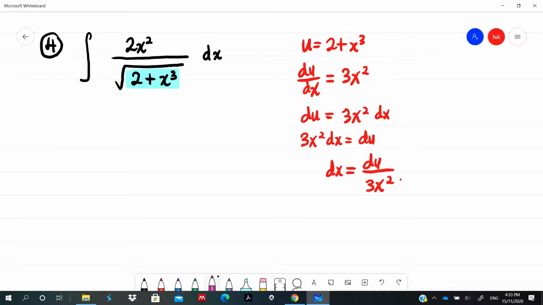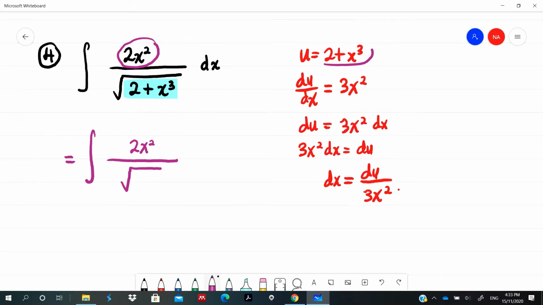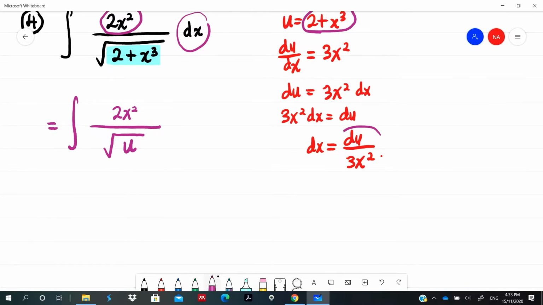Now we go back to the initial function. We'll have something like integration. This part we have not substituted with anything, you just write it down. That part, the square root of 2 plus x cubed, has become u, so I'll just write u. dx will become this function, du over 3x squared.